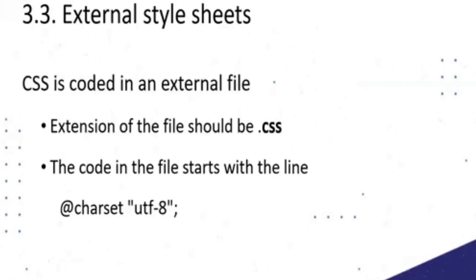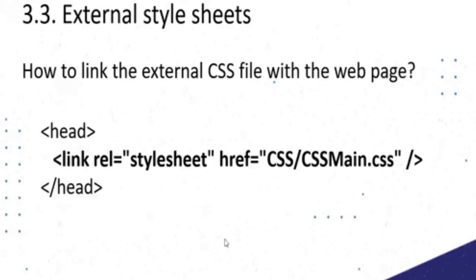Okay. So if you have your CSS inside your HTML, like we practiced here, we can have it in between the style tag. But if you have an external file as CSS, you can save it as a .css file, right?